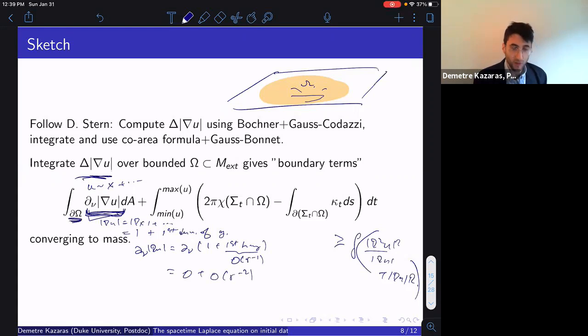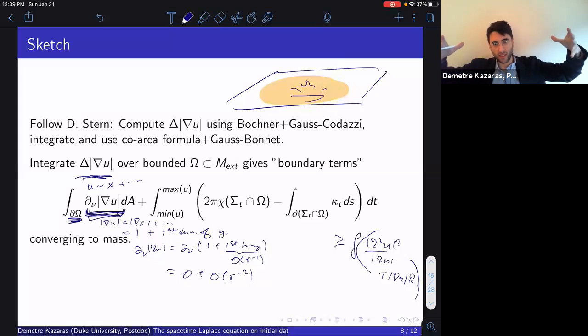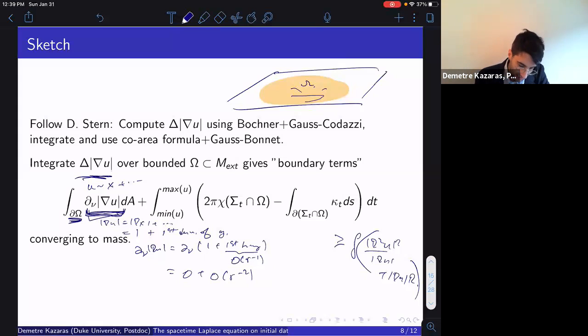And you're integrating that over the boundary of some domain. So that's a two-dimensional integral. If you're integrating over large balls in the asymptotic region, then the boundary will look like a sphere. So the area form of that boundary will be of the order r squared.